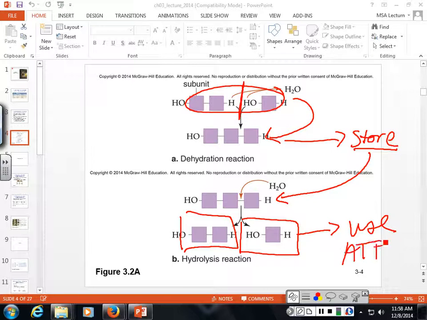I mentioned ATP earlier: when we take glucose and turn it into an energy source that we can use, that's called ATP. So without dehydration and hydrolysis reactions, you would not be able to store food. Anytime you wanted to do any kind of activity, you would have to consume food before you did the activity. So we are using both of these reactions every second of every day, and we don't even know they exist sometimes, right?